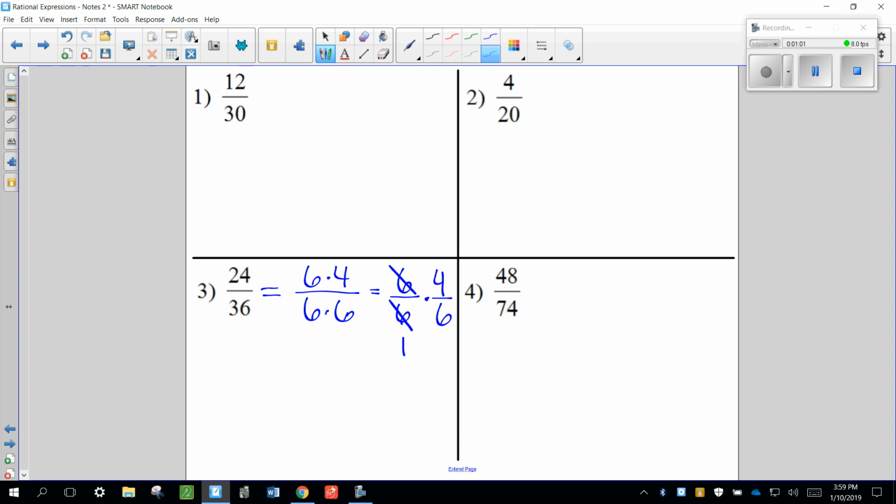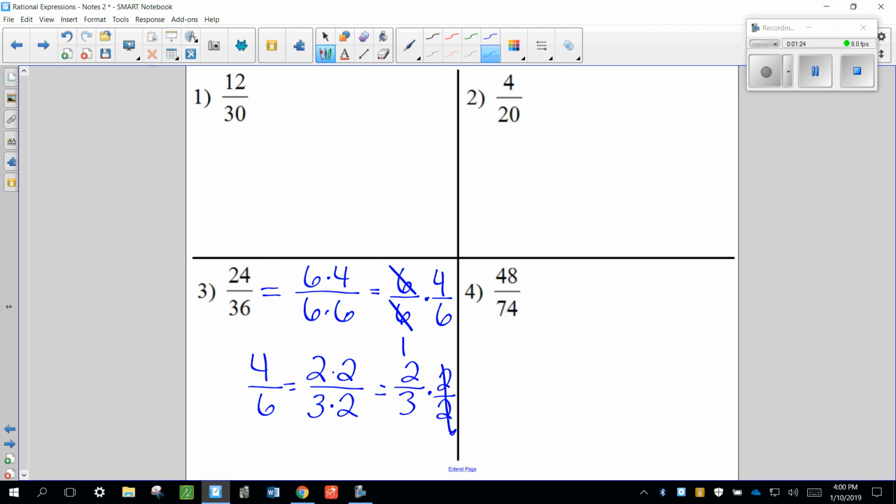So 1 times 4 over 6. If you look at 4 over 6, you're like, oh wait, that also simplifies. I could have divided out 12 originally, because 4 over 6, that's 2 times 2, and 6 is 3 times 2. Okay? So you have 2/3 times 2 over 2.